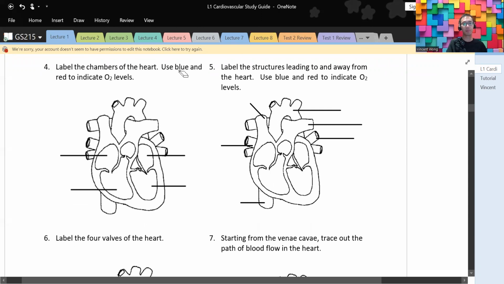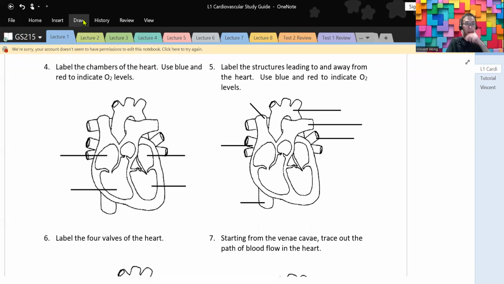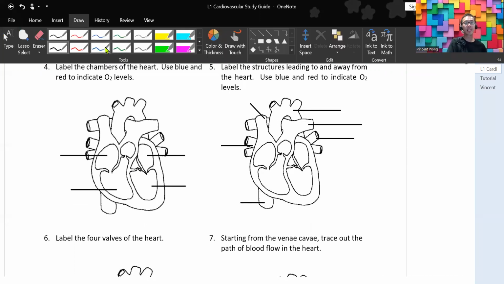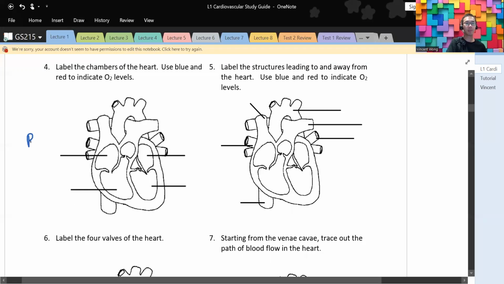We'll use blue and red to indicate the O2 level. So on the right side of the heart, it is going to be blue blood, oxygen poor. So right atrium, O2 poor. Below the right atrium is going to be the right ventricle.